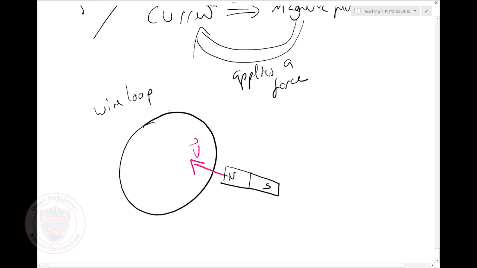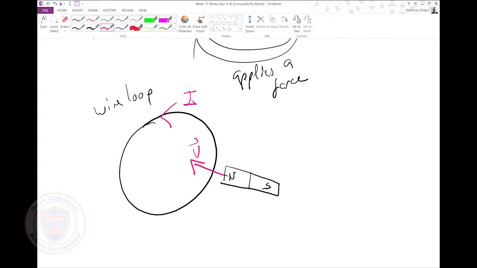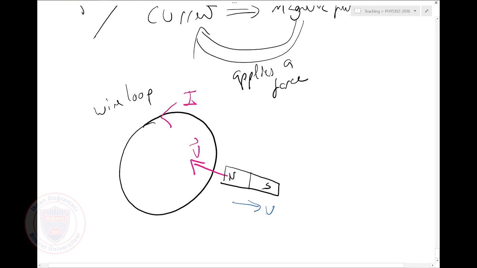He noticed that there is a current running in that loop, and the funny thing is, if you reverse the direction of the motion, again a current, but this time in the other direction, flows in that loop.